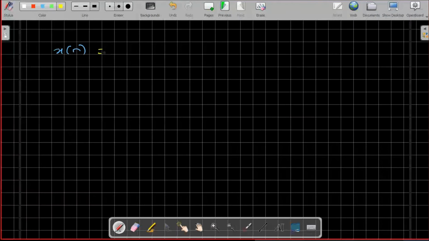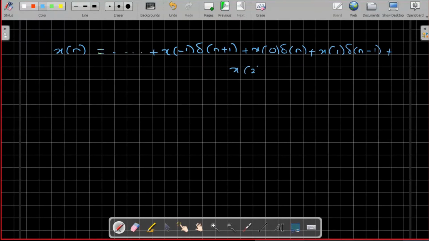Okay, that is simply x of minus 1 del of n plus 1 plus x of 0 del of n plus x of 1 del of n minus 1 plus x of 2 del of n minus 2 plus and so on, like that.